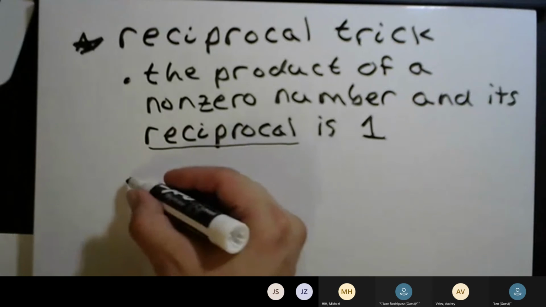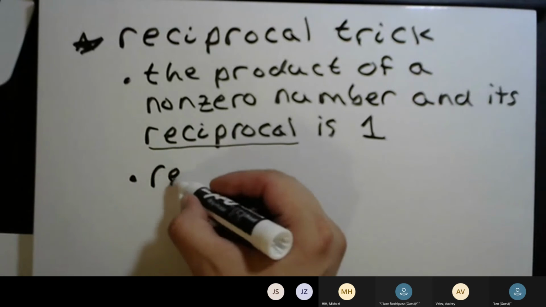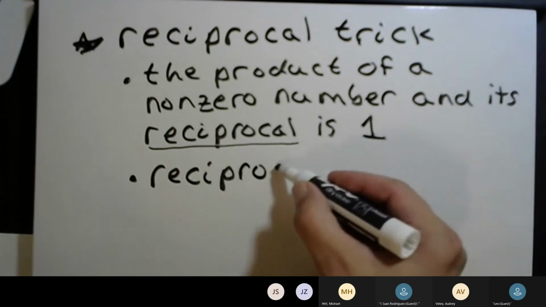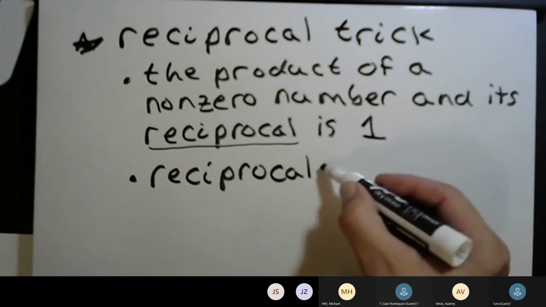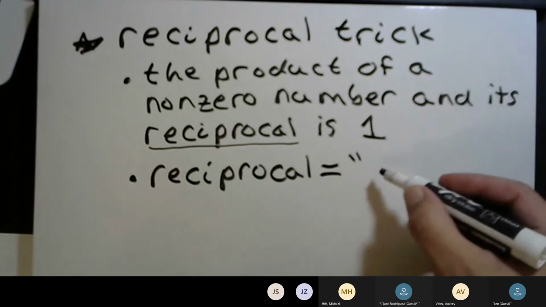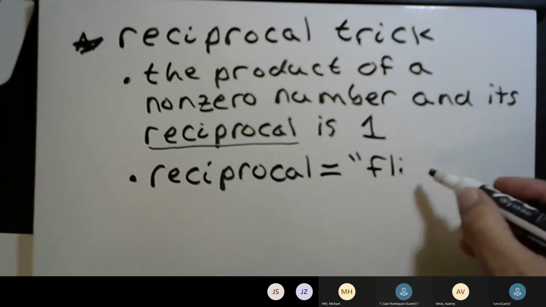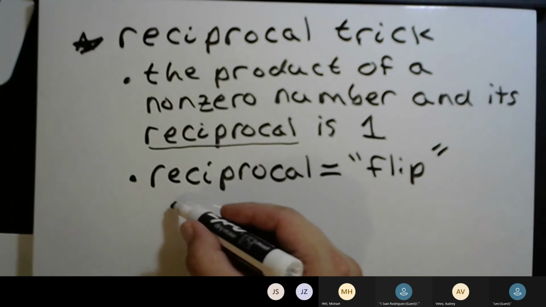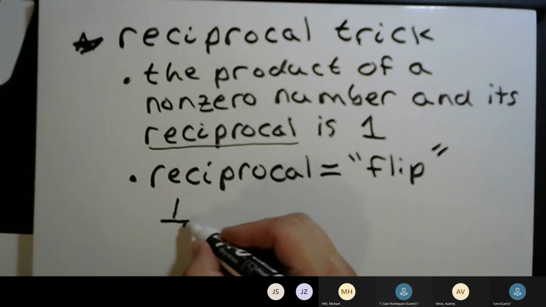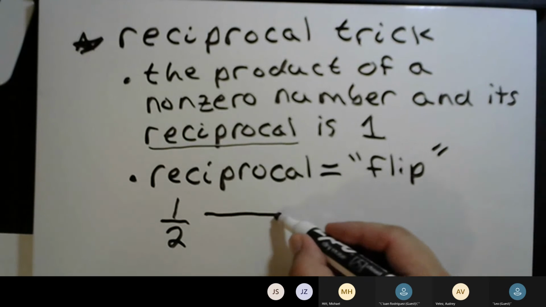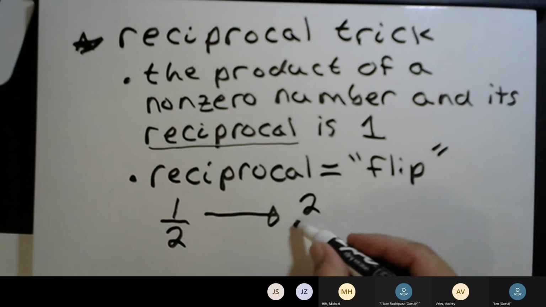So what is a reciprocal? You can think of it as the flip. So in other words, if you have 1/2, the reciprocal is 2/1.